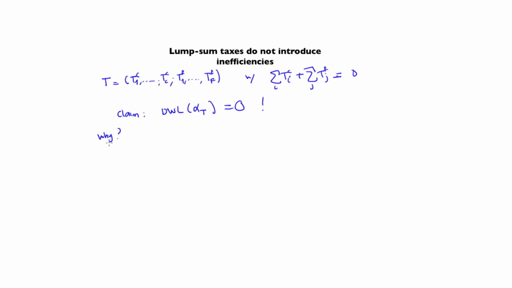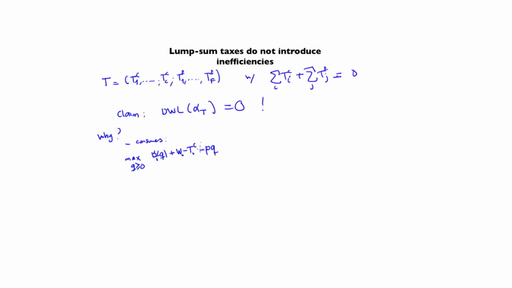Now let's see why that is the case, why we get this beautiful result. So we want to look first at the consumers. Look at the consumer problem. They're going to have to maximize over a quantity Q greater than 0 how much they want to consume, plus their wealth minus the tax, let's say this is person i, that they need to pay, minus PQ.